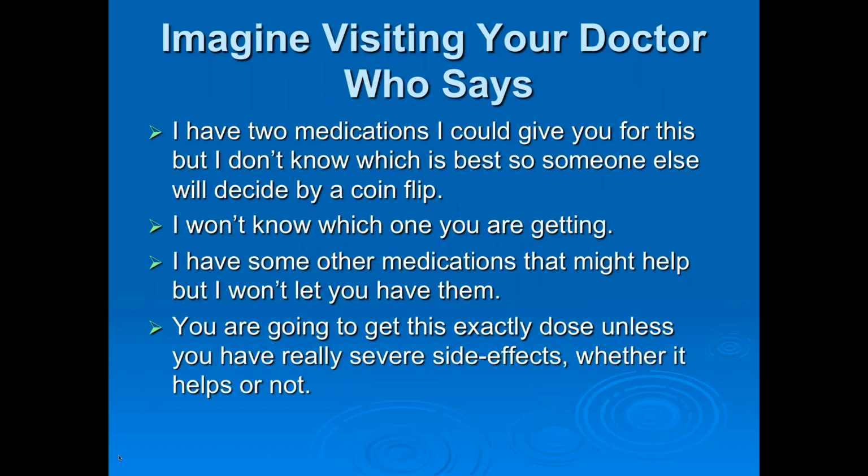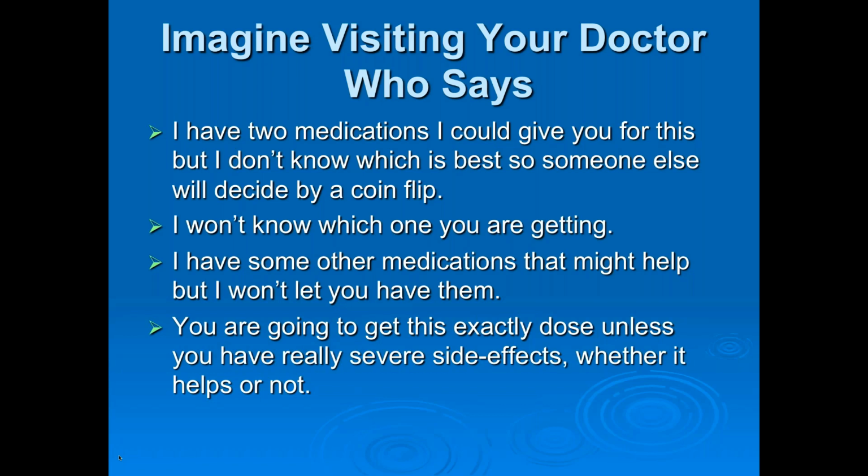So here's my cute little thing. Imagine you're visiting your doctor, and your doctor says, look, I have two medications I could give you for this, but I don't know which one is best, so someone else is going to decide which medication you're going to get, and they're going to decide it by flipping a coin. And what's more, I'm not going to know which medication you're getting.